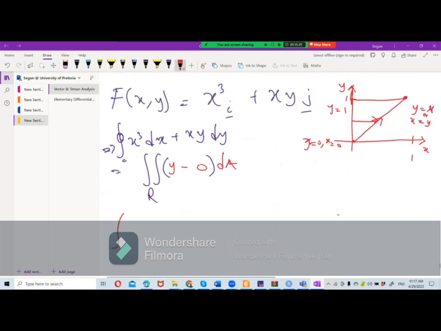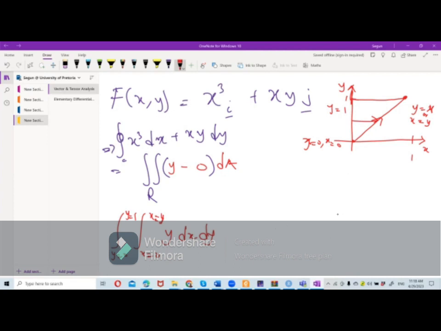So we have it to be integral, the first integral will be y equals 0 to y equals 1, and x equals 0, x equals y, in brackets, y dx dy.